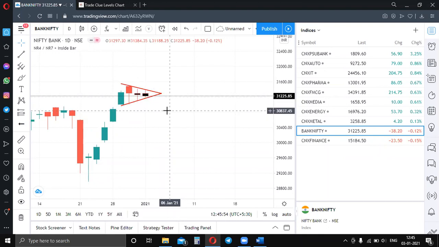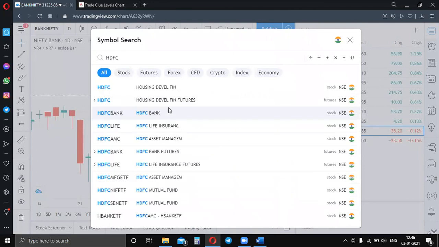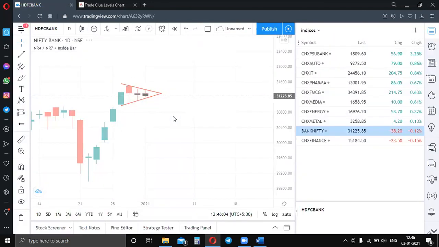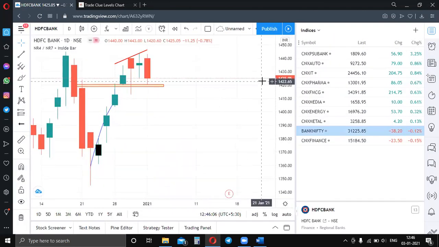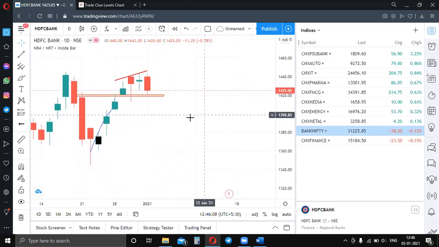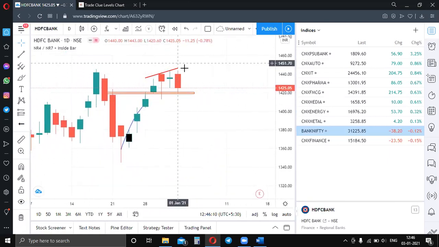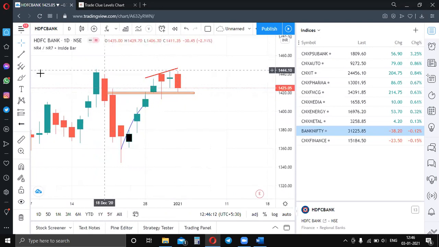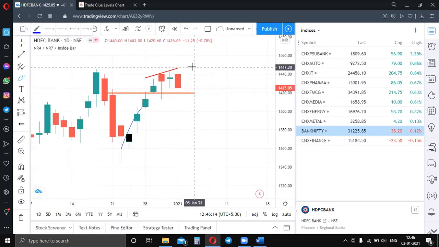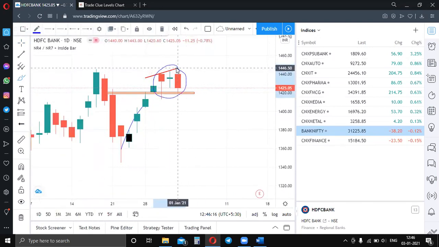First thing, if it's Bank Nifty, we need to check the major stocks of Bank Nifty, the components of Bank Nifty. Let's go for HDFC Bank. Here, it is showing me a very good cluster or a very good formation on top.